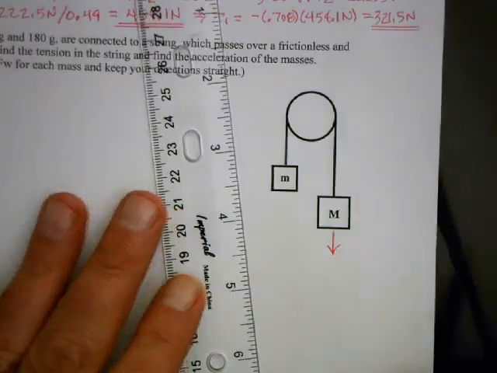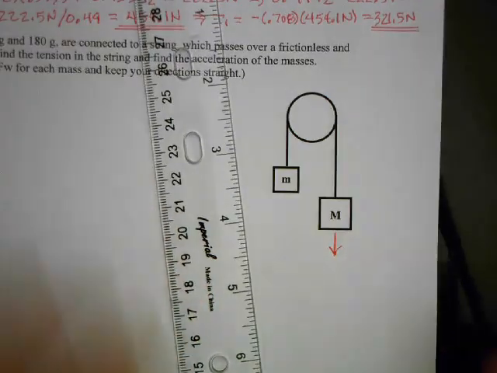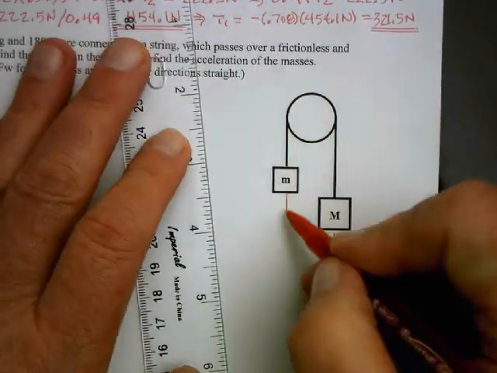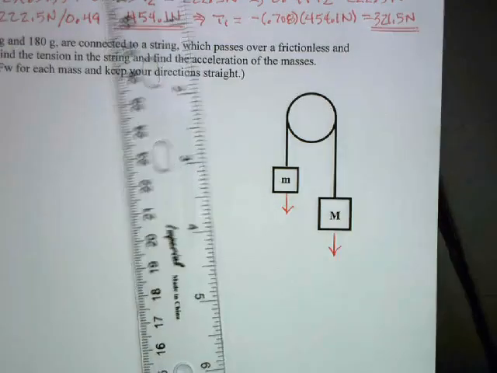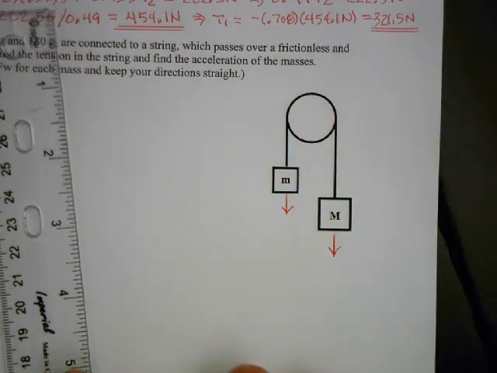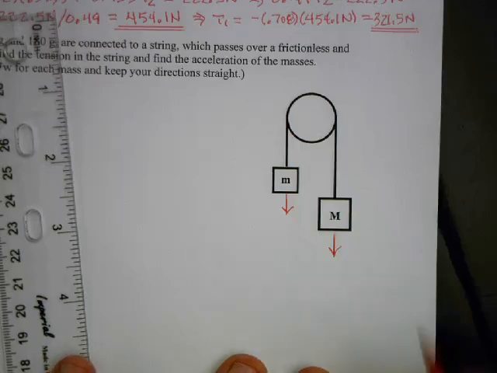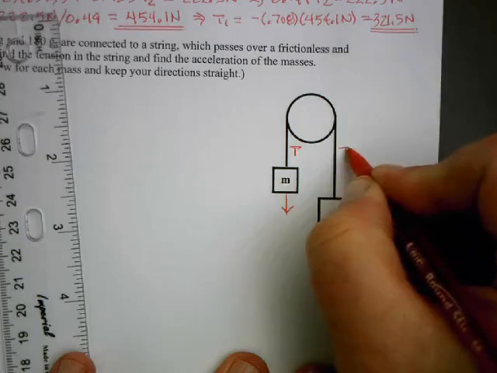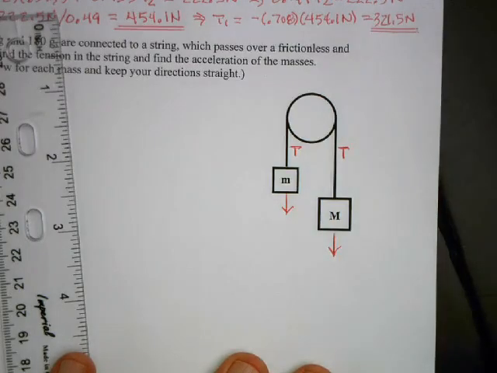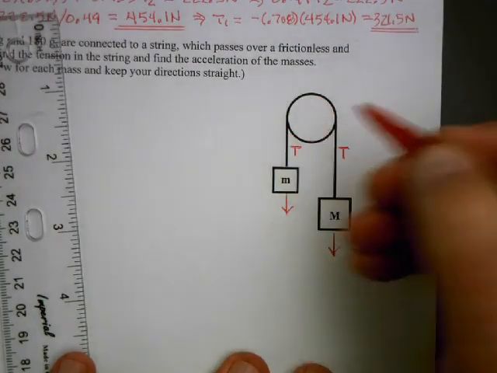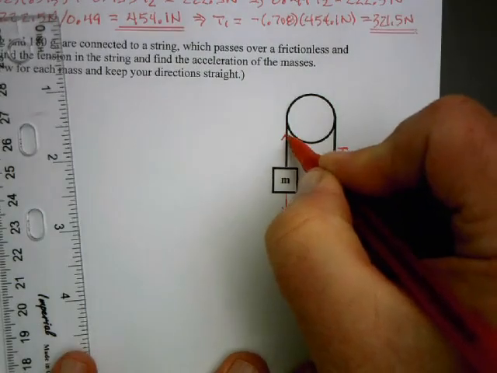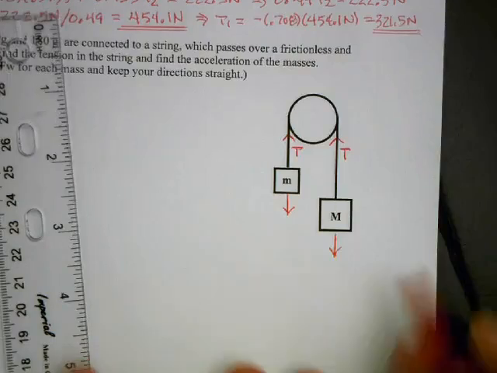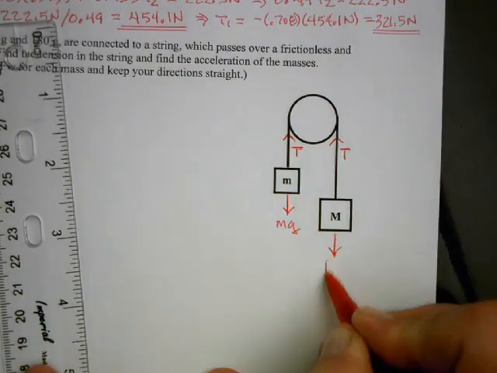And we can consider F nets for each side, if you will, of the pulley. There's a tension, in other words, a force that would tend to pull upward, and then the weight that would tend to pull downward.